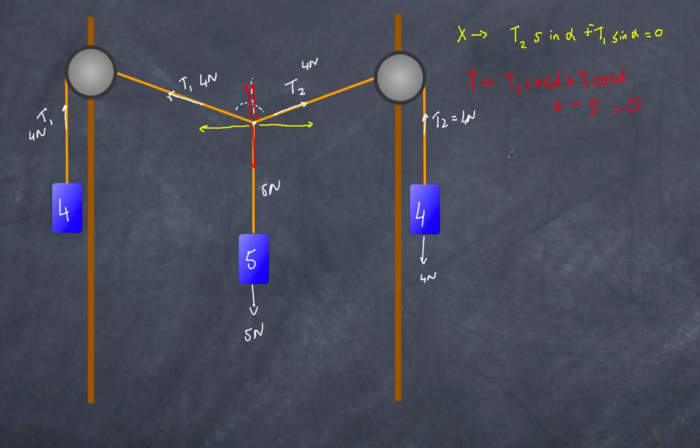So if I rearrange that, I get 5 is equal to 2 times T2 cos alpha. I've noticed I've done 2 times there, but remember that the same forces. So we know that this is going to be equal to 4. So now I have 5 is equal to 8 cos alpha. And that means cos alpha is equal to 5 over 8. And that's going to give us the same value that we had before. That is, alpha is equal to 51.3 degrees.